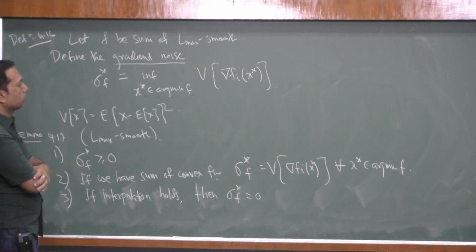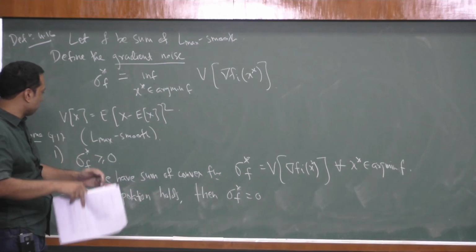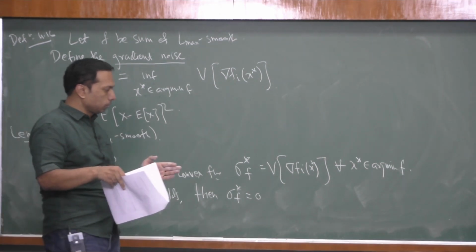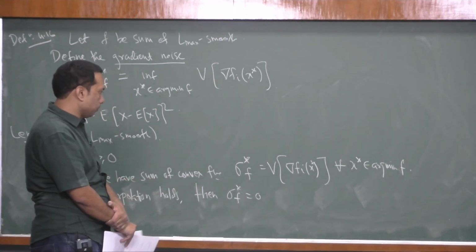Essentially if x star and x prime are minimizers of f, then these individual fi's, which are convex because f is a sum of convex, the variance of these gradients are the same.